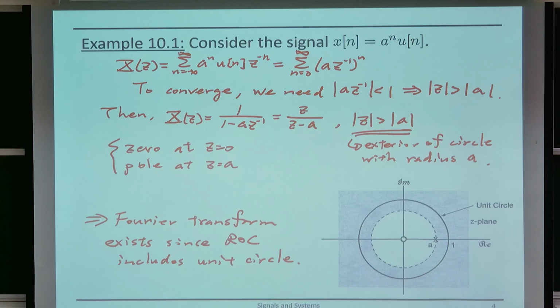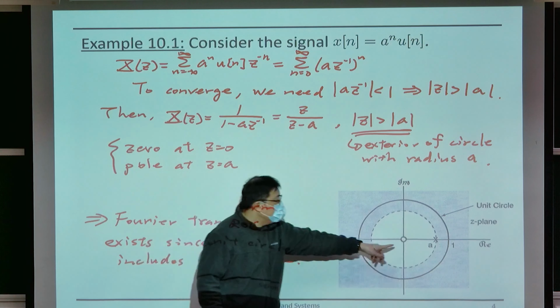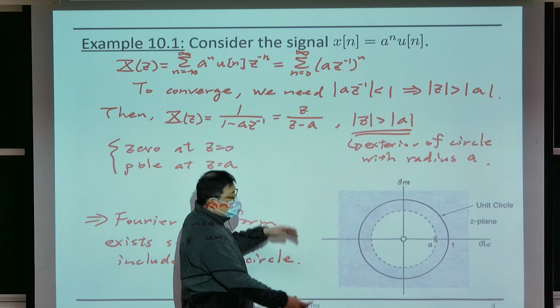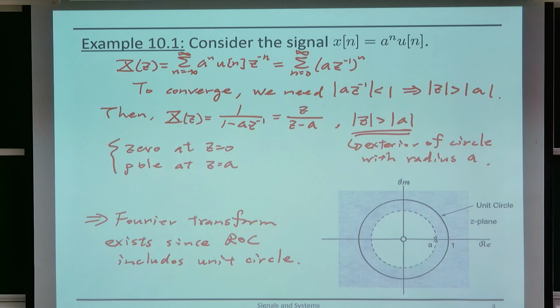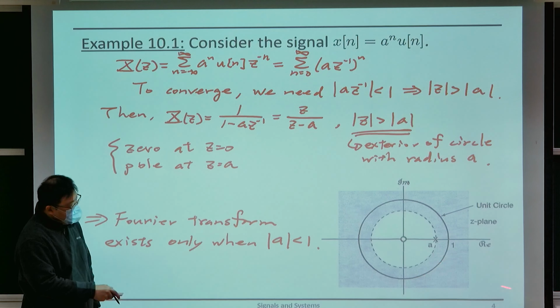Well, actually, I don't think this is very accurate because in this case, a can actually be greater than 1. If a is greater than 1, then your region of convergence actually does not include the unit circle. So I should say this Fourier transform exists only when a is less than 1, so that the region of convergence would include this unit circle.